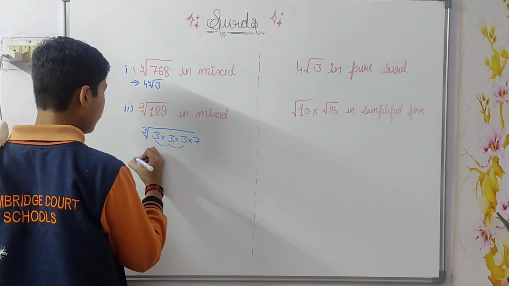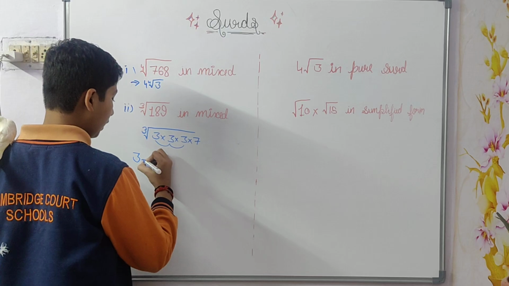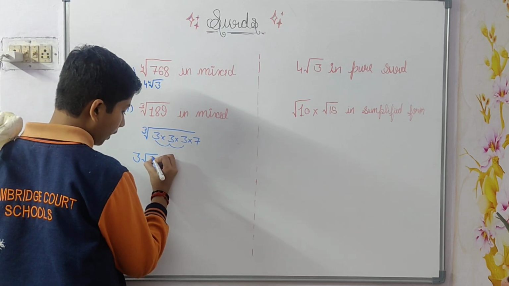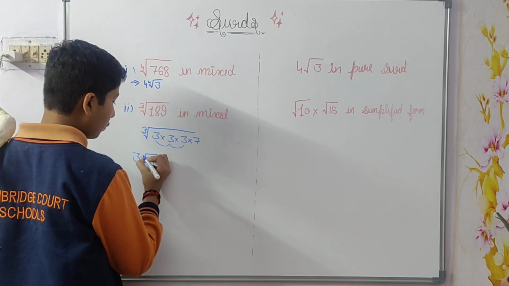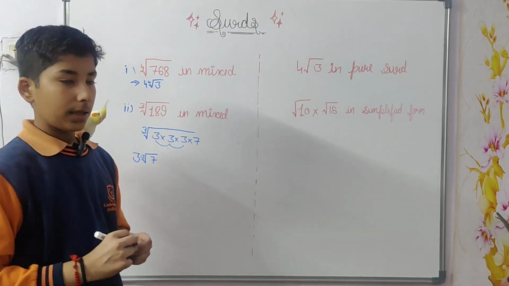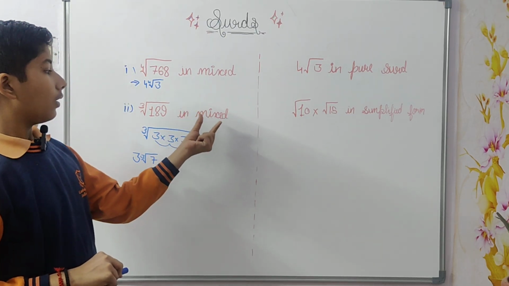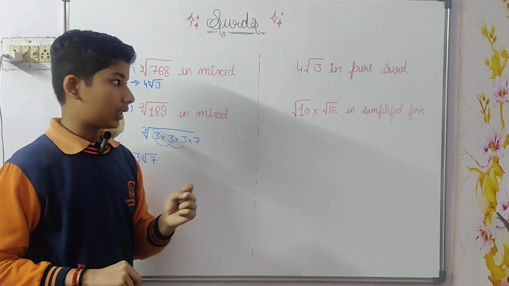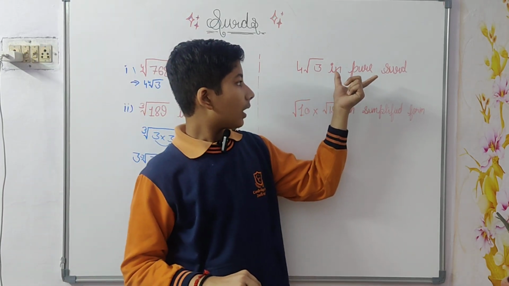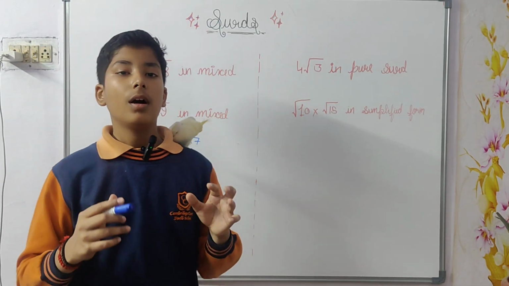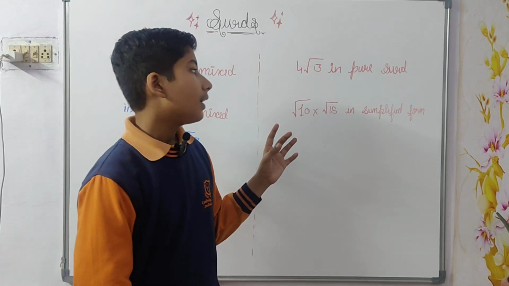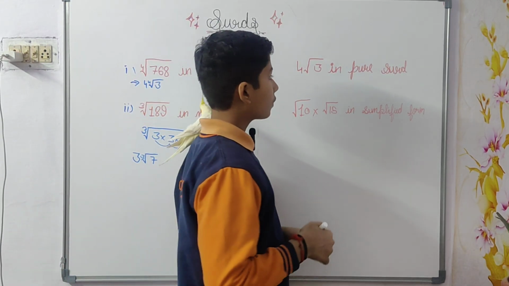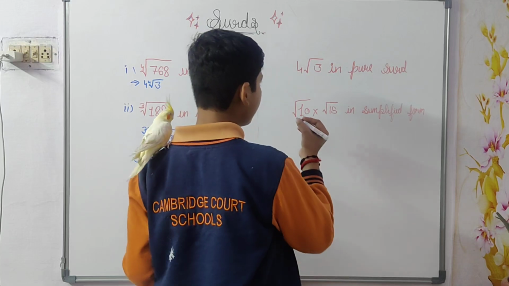So what will we do? We will just take out our 3, and in the root we will write cube root of 7, multiplied. Now we had to convert them into mixed form, but over here in this one we have to simplify it in pure surd. Okay, so I've told you how to do it.